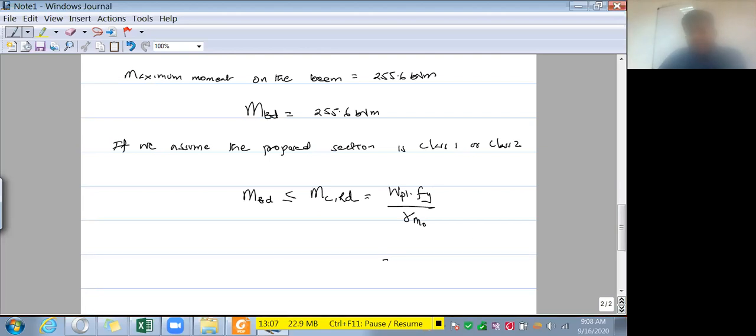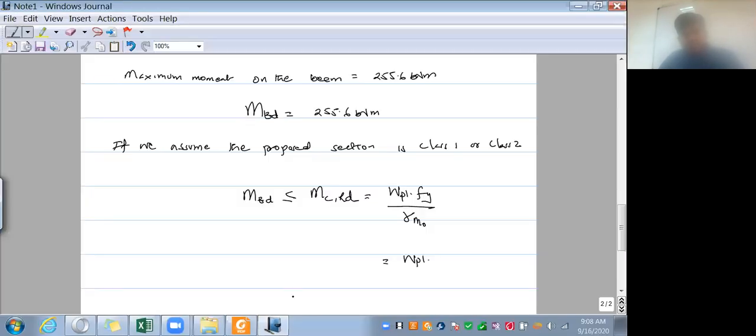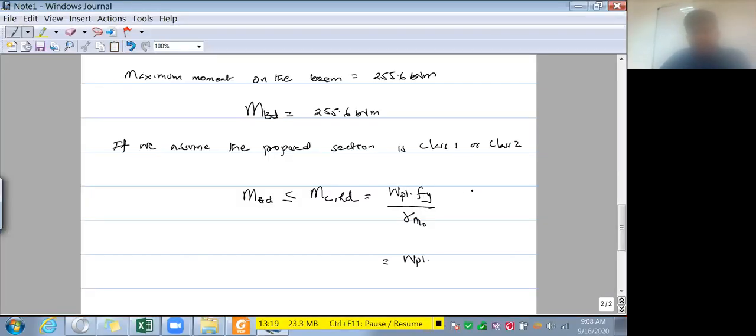So the WPL is unknown, and there is no grade mentioned in this question. Actually, the question should mention the grade as well. So if we assume a grade S355 steel, so Fy is 355, gamma M0 is 1.